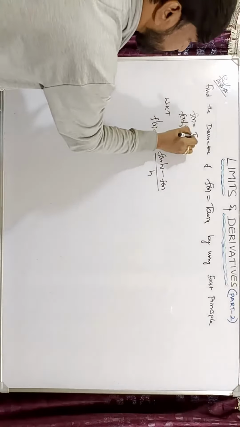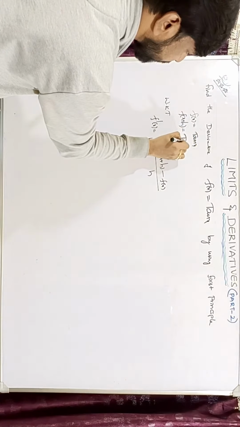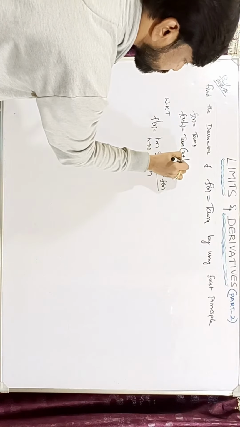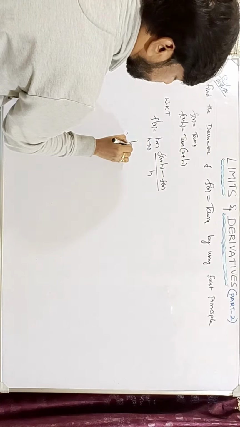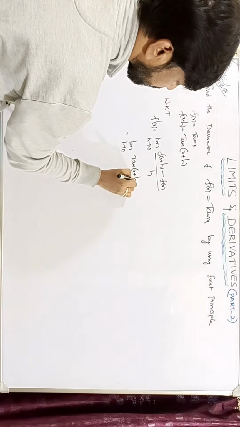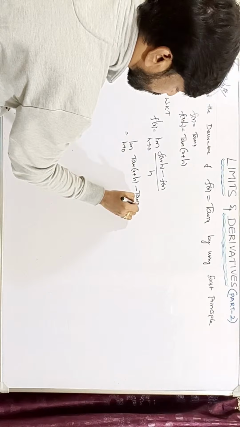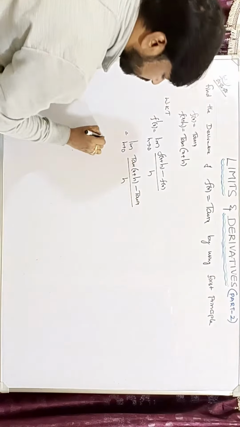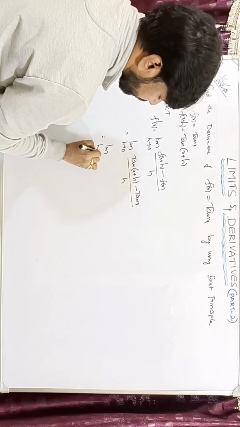So f of x equal to tan x means this is tan x, this is tan of x plus h. So f dash of x equal to limit h tends to 0, tan of x plus h minus tan x whole by h.